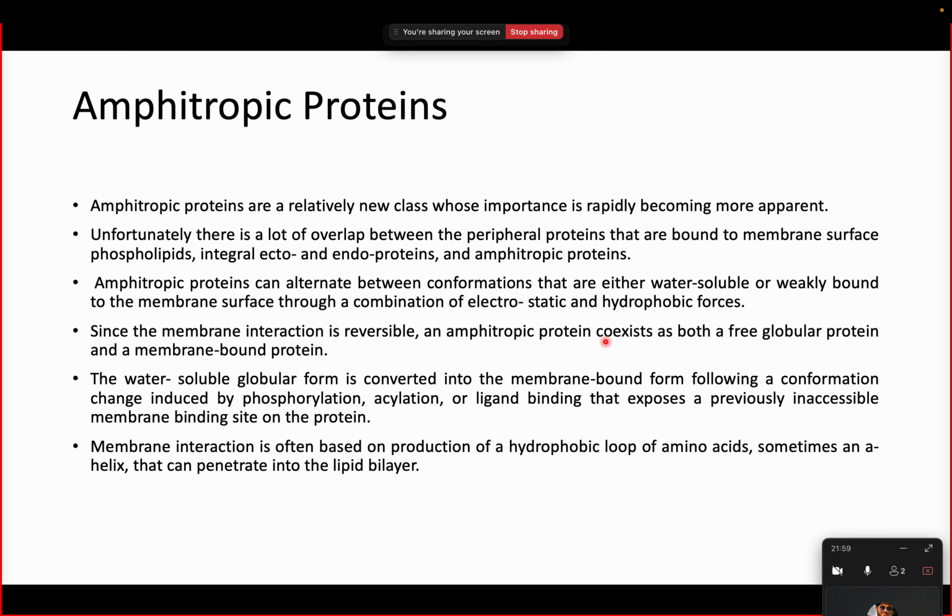The water soluble form is converted into the membrane bound form following a conformation change induced by phosphorylation, acylation or ligand binding that exposes a previously inaccessible membrane binding site on the protein. Membrane interaction is often based on production of a hydrophobic loop of amino acids, sometimes an alpha helix, that can penetrate into the lipid bilayer.